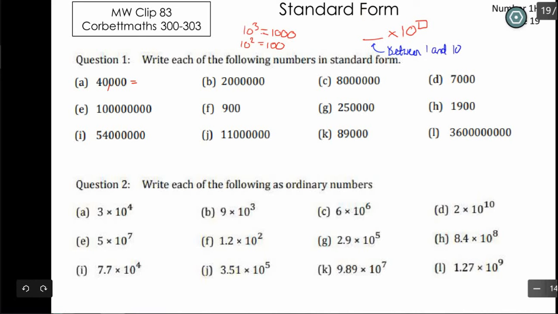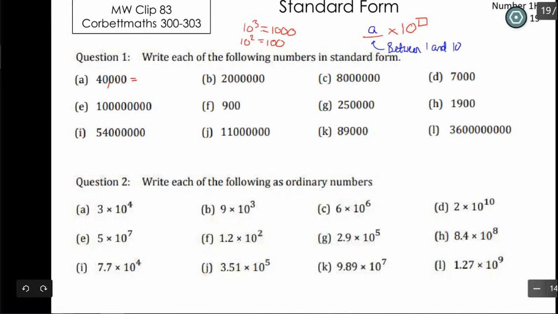Now it can be 1, but it can't be 10. It has to be less than 10. It has to be a single digit, in other words. It has to have some units, but that's it. Nothing more than just units. The power can be absolutely anything. It can be positive or negative. Okay? So I'm just going to put A there.